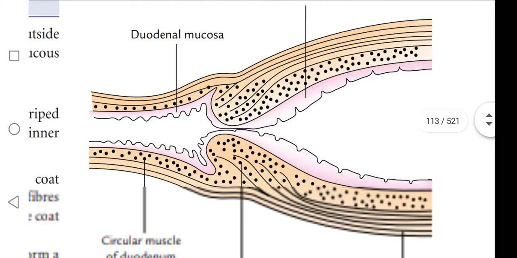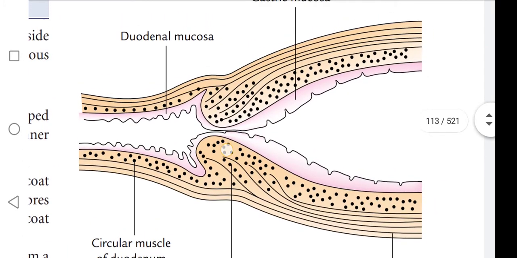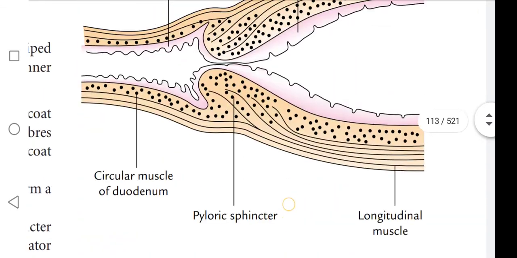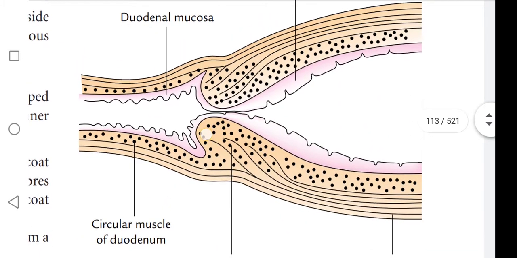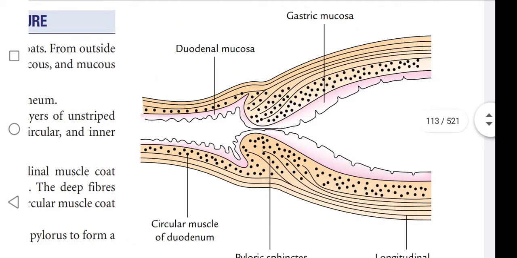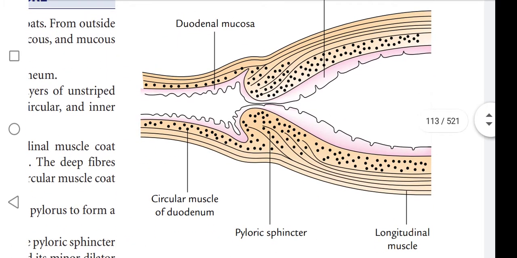If you see this diagram, it shows the pyloric sphincter. If you observe here, these are the longitudinal muscles; these are the superficial fibers, and these are the deep fibers.